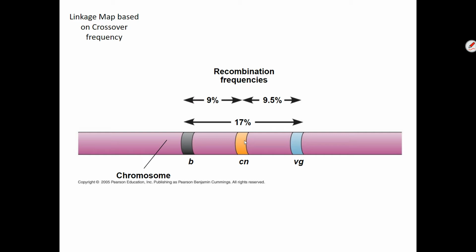And so then we can say, well, B and VG cross over more often, therefore there's probably a bigger gap between them. Crossing over is more likely to happen between here and here than it is between here and here.